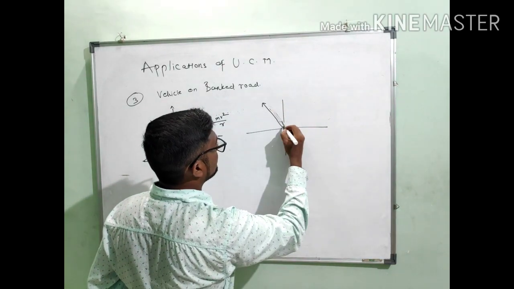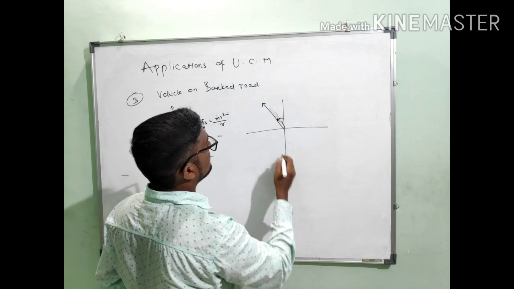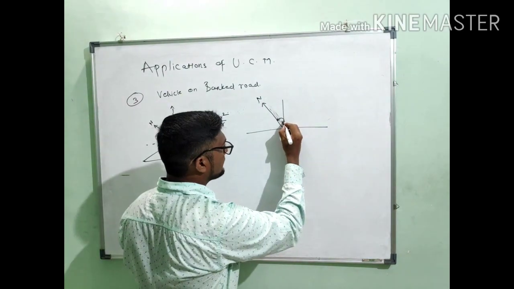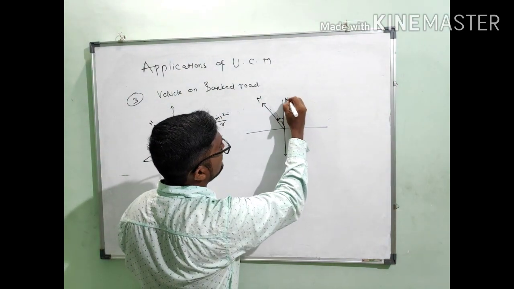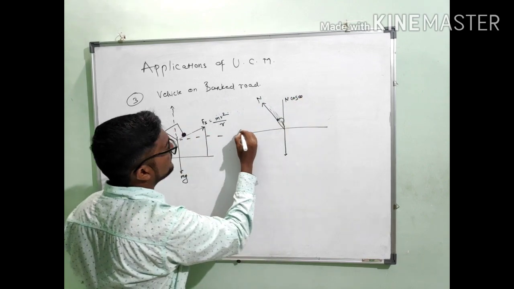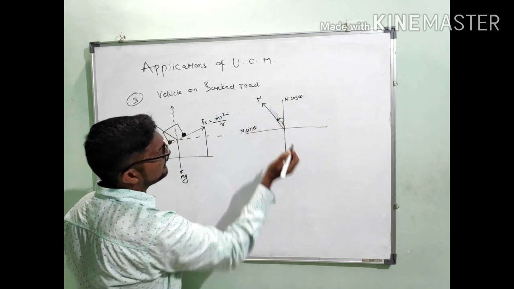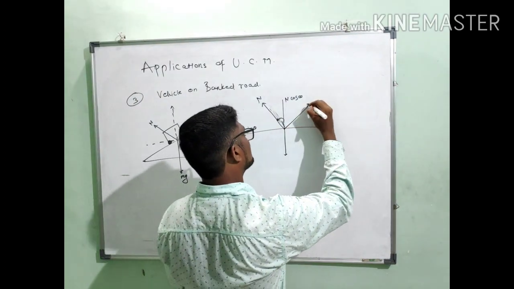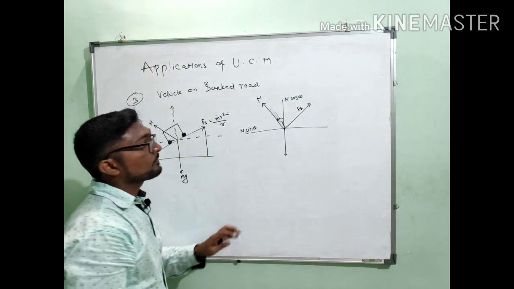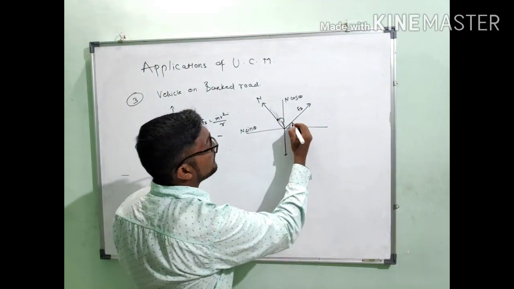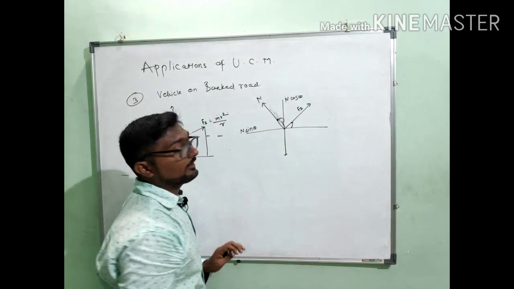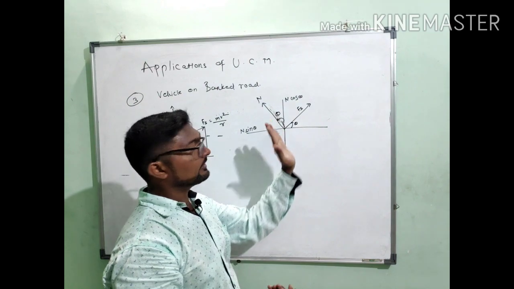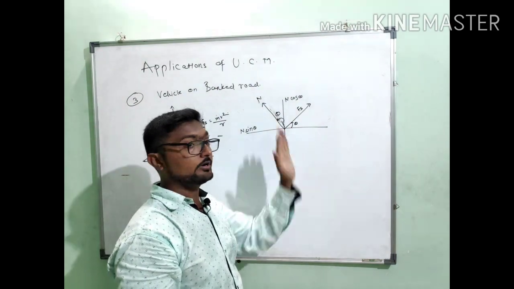Resolve this component. The cos component of N will be in the direction of the vertical axis, that is N cos theta, and here it will be N sin theta. Now resolving the frictional force Fs, it is making an angle theta with the horizontal and is directed upward.